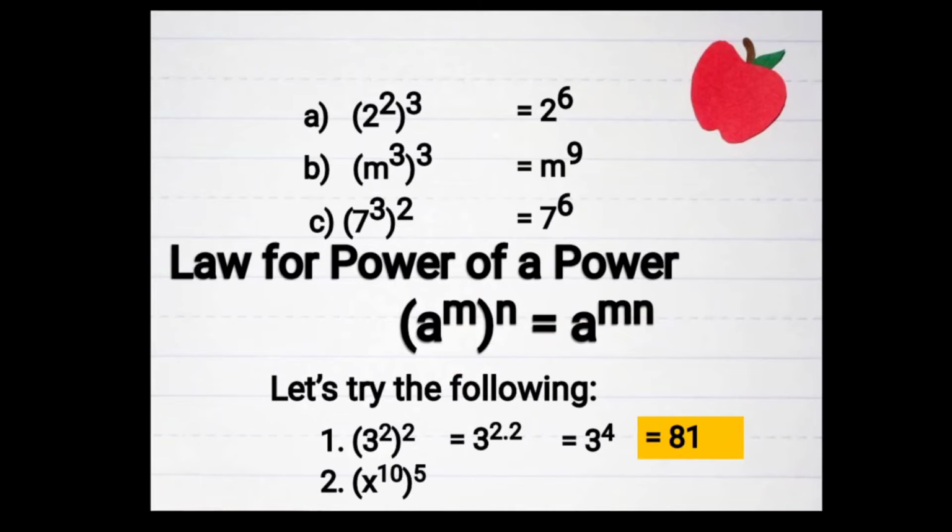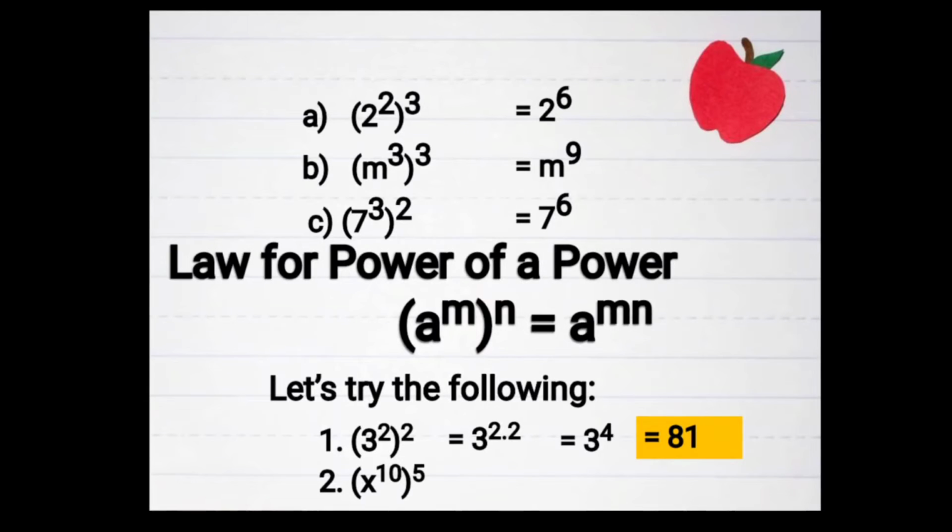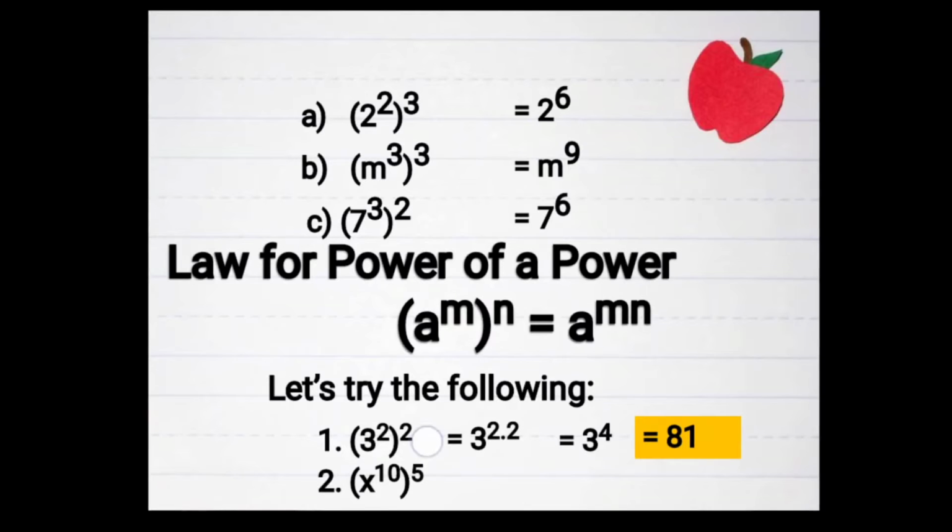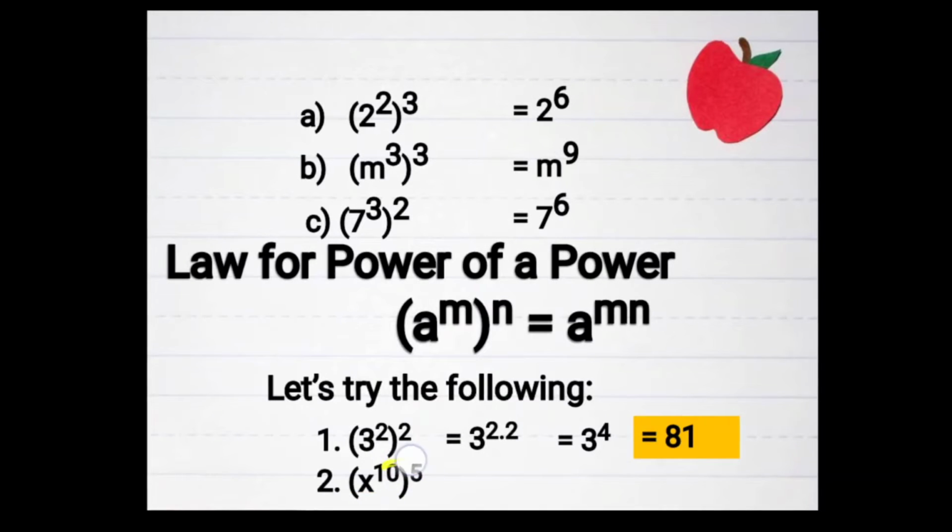Then number 2, we have x raised to the 10th power, then raised to the 5th power. Or simply, the quantity of x raised to the 10th power to the 5th. Here you have to copy the base, then multiply the exponents.